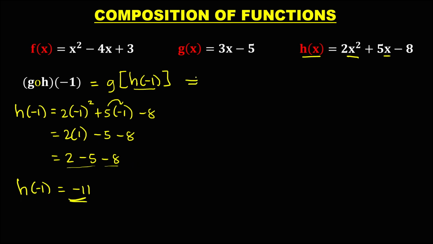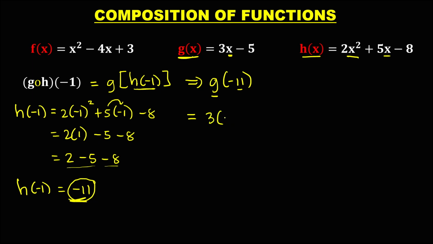So from this composition, we can write this as g of negative 11 because h of negative 1 is equal to negative 11. Then to find out the value from g of x, x is equal to negative 11.